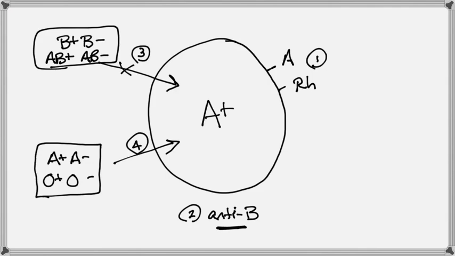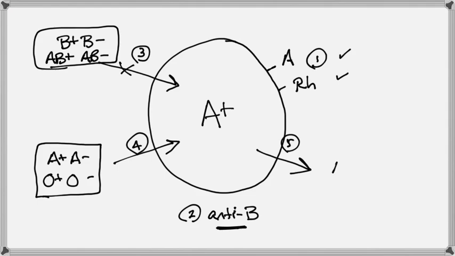The 5th and final question is, to whom can they donate? So I'm going to draw an outward arrow. They can give their blood to whom? The way to think about this is, when a person with A positive blood goes to the blood bank and donates blood, they are giving the blood bank blood that has the A antigen and the Rh antigen. So the people who receive this blood must already have both of those things in their blood type.